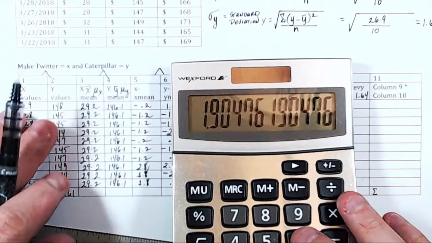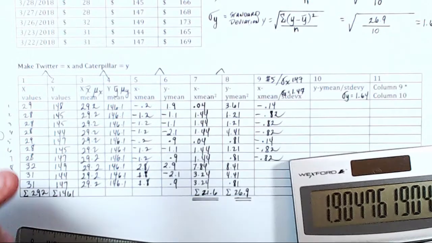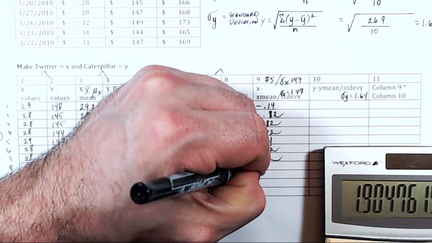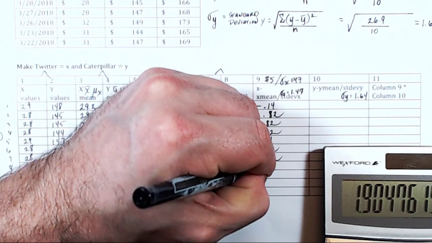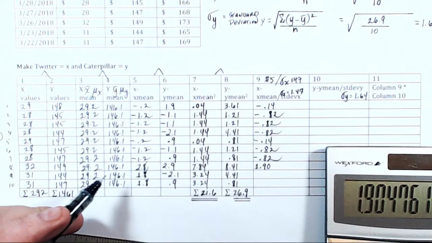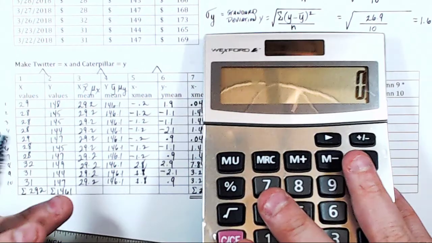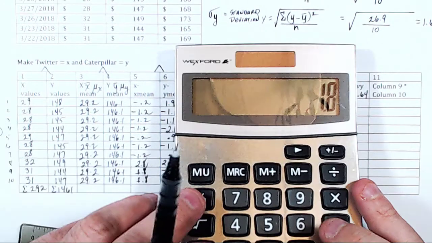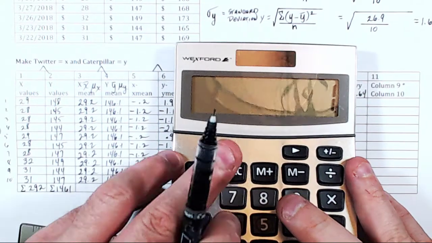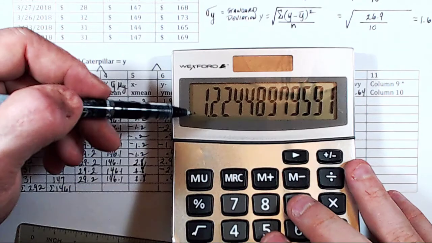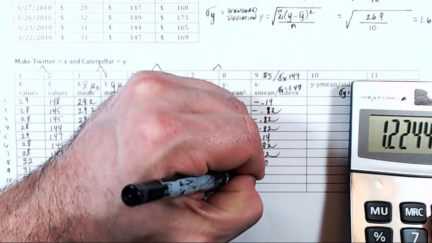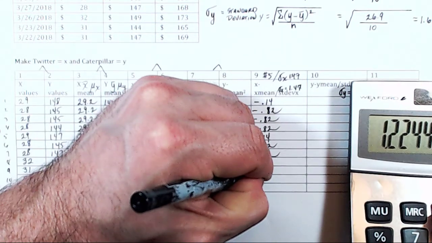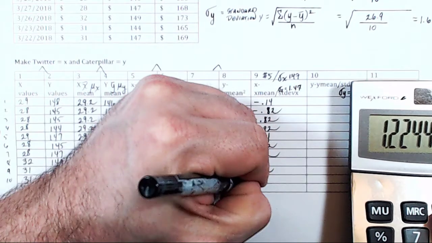I got 1.904, I'll call it 1.90, so that's positive 1.90. 1.8, so I take 1.8 divided by the standard deviation of x of 1.47, and I get 1.22. Okay, 1.2. And then I've got that same thing again, so 1.2.